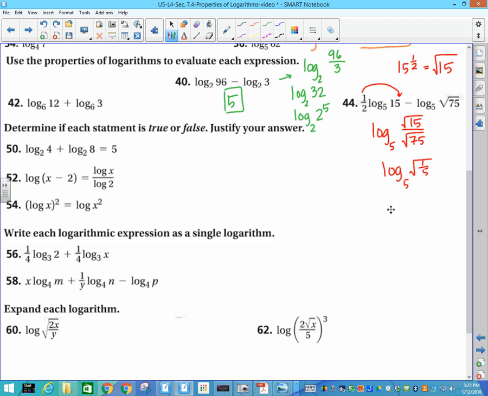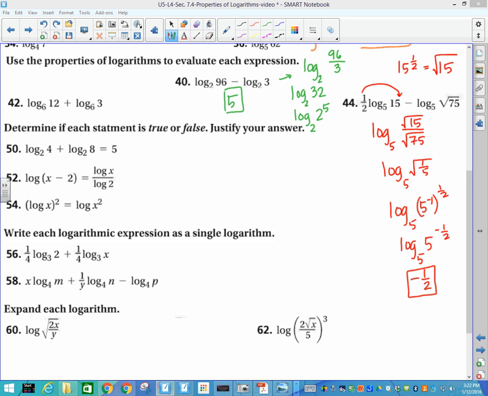Now I'm going to put that square root back to a fraction, because remember, 1/5 is 5 to the negative 1, and the square root is 1/2. I'm writing down all the steps so that you can see it. So that's going to be 5 to the negative 1/2, which means my final answer will be negative 1/2.